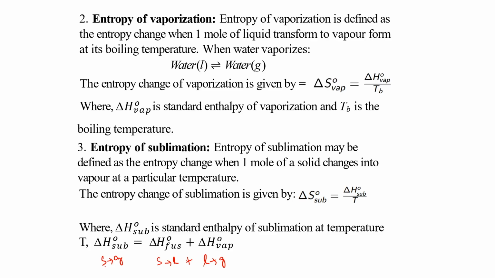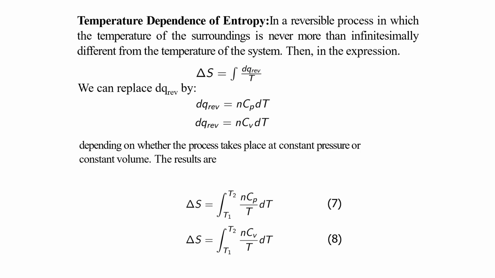Now, we discuss the temperature dependence of entropy. In a reversible process in which the temperature of the surroundings is never more than infinitesimally different from the temperature of the system, we know delta S is del Q reversible by T. So, we can replace del Q reversible by n Cp dT if the pressure is constant, or n Cv dT if the volume is constant.